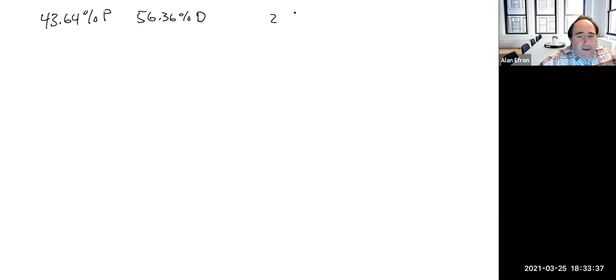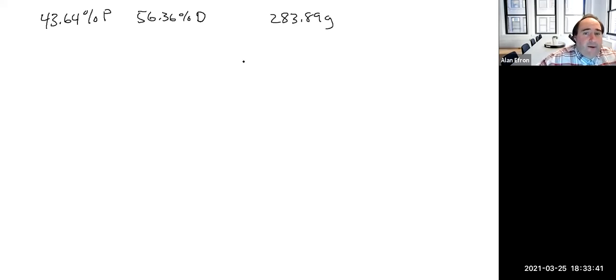Let's say we took the same question we were working on in this problem. We had 43.64% by mass phosphorus and 56.36% by mass oxygen, and the molar mass of this whole thing was 283.89 grams.